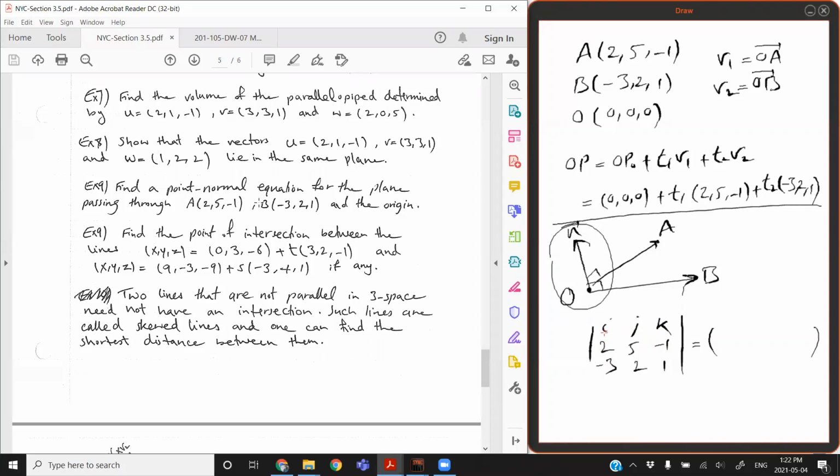I'm going to get this cofactor, 5 plus 2, 7. This cofactor is 2 minus 3, minus 1, minus 1, 1. And then for the last cofactor, I get 4 minus 15. 4 plus 15, that's 19.